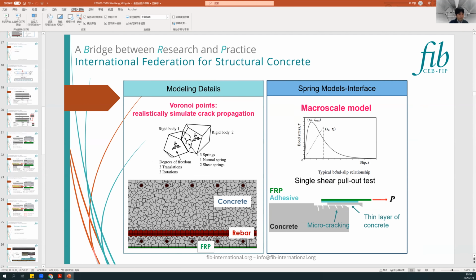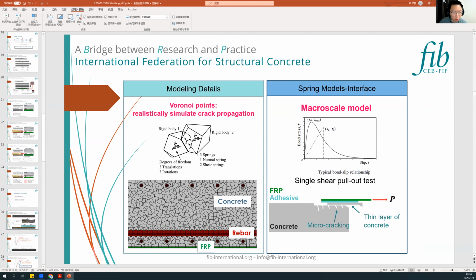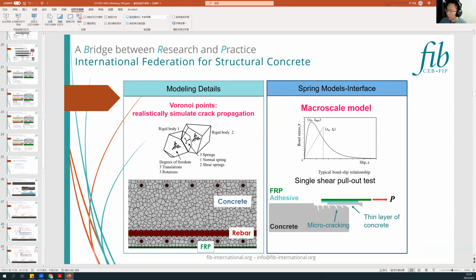So based on the experimental result, we choose the parameter, but it depends on the workers, and maybe if the bond is not good when they use the FRP, in the actual condition it's different.